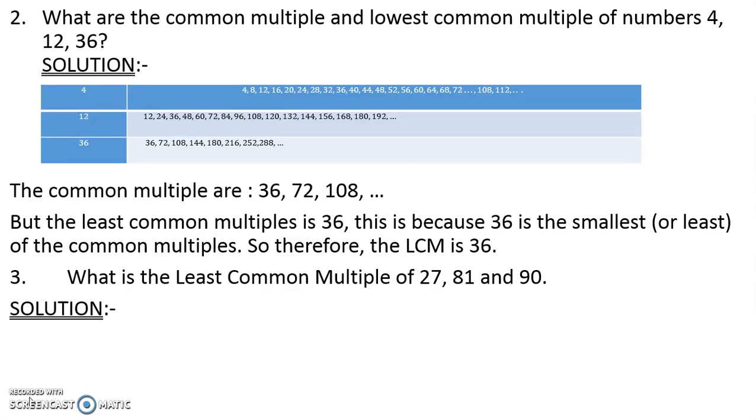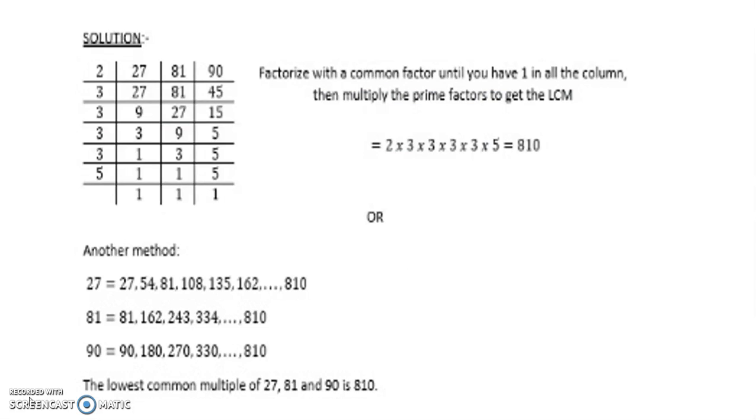Okay, now let's look at another question. Question 3. We have to find the least common multiple or lowest common multiple of 27, 81, and 90. Let's look at the slide too. Yes. We use another method in solving this. We factorize 27, 81, and 90. We factorize with our common factor until we get 1. So when factorizing by 2, we have 27, 81, and 45.